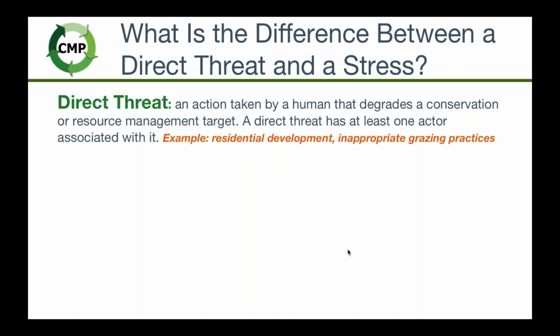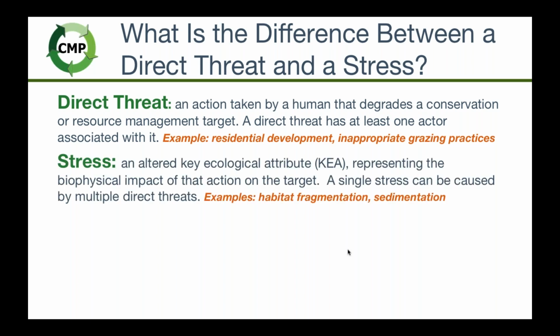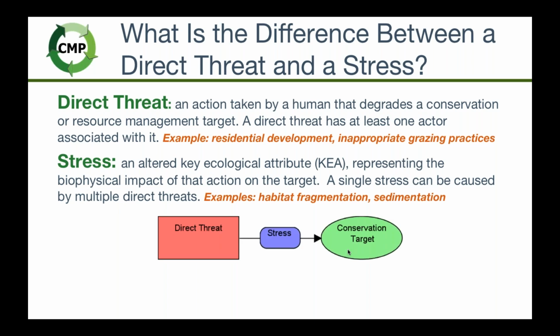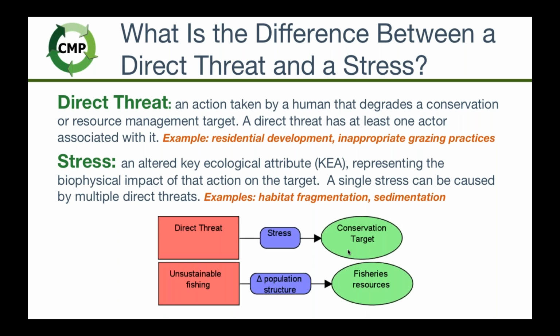It has at least one actor associated with it, like residential development or inappropriate grazing practices, whereas stresses are altered key ecological attributes representing the biophysical impact of that action on the conservation target. And a single stress can be caused by multiple direct threats. So when you're talking about climate change, there are a lot of stresses.